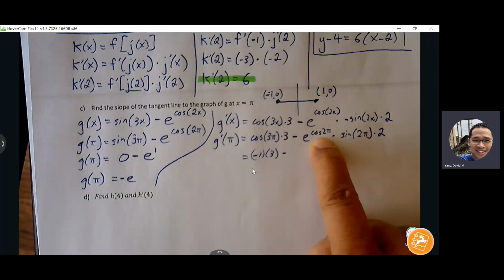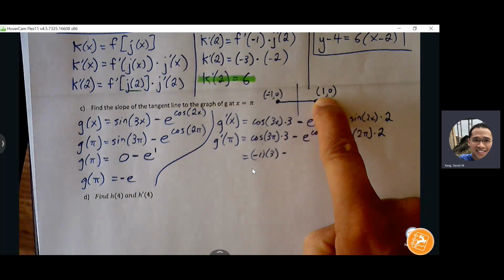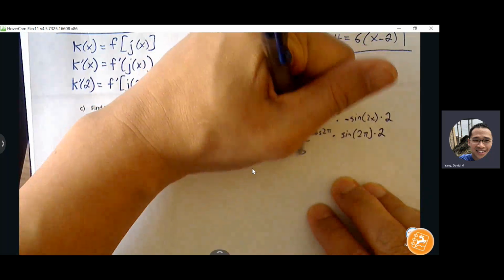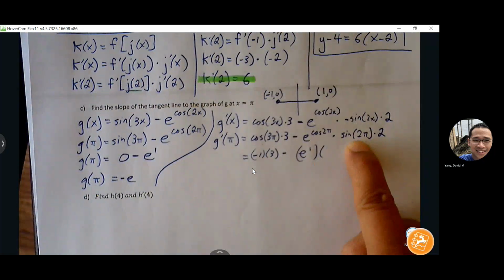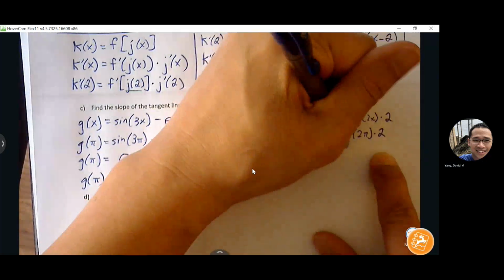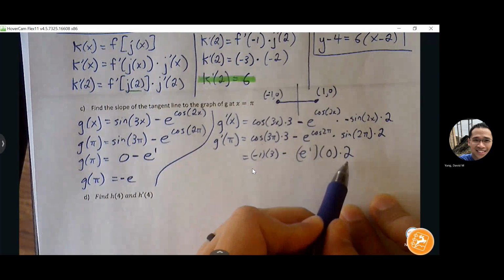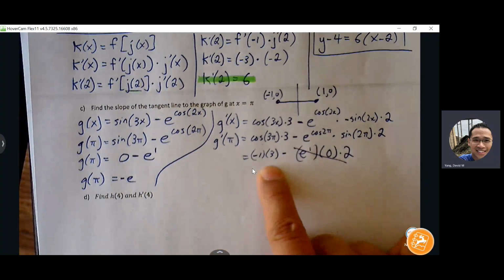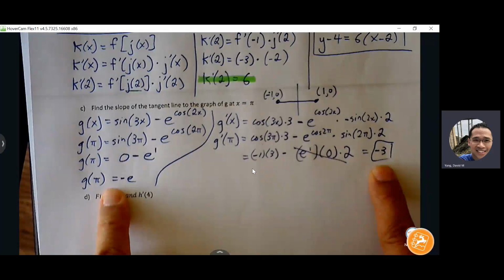Cosine of 2 pi is 1. Yep, it's the x value. So I have e to the first power times sine of 2 pi, 0, times 2. Anything times 0 is just going to be 0. So my slope is just what? -3.